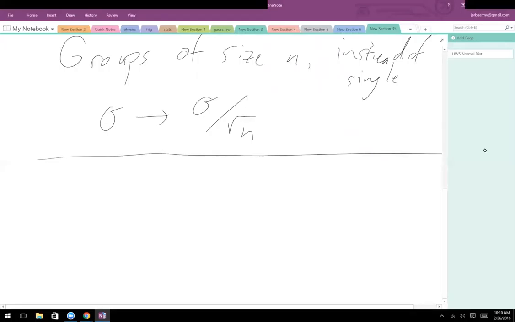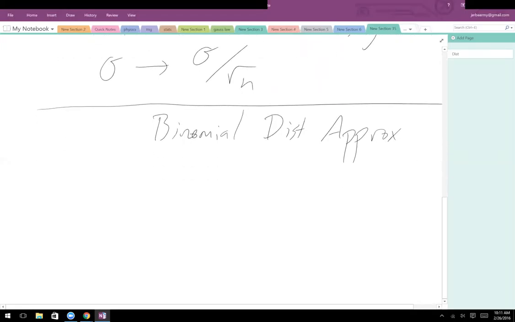And then the very end of the homework is using the normal distribution to approximate the binomial distribution. And we just said, okay, all you do is you throw in the halves.